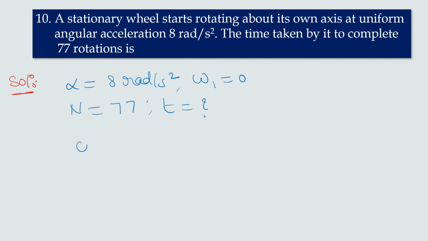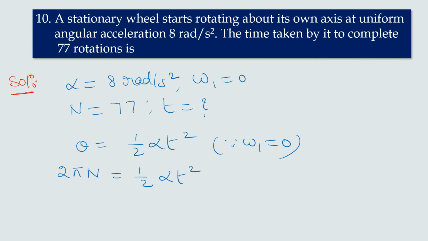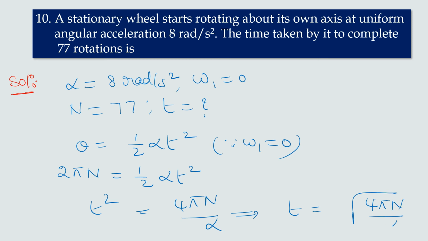So theta is equal to half alpha t square, since omega 1 is equal to 0. Theta, nothing but 2 pi n, is equal to half alpha t square. T square is equal to 4 pi n by alpha, or simply t is equal to root of 4 pi n by alpha.